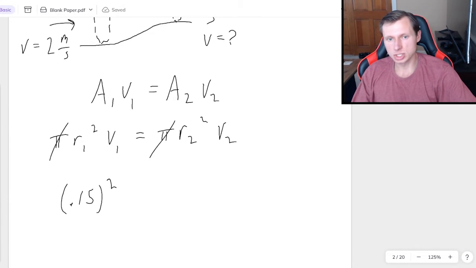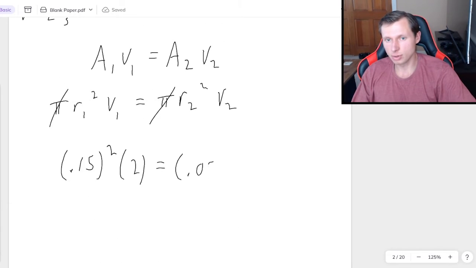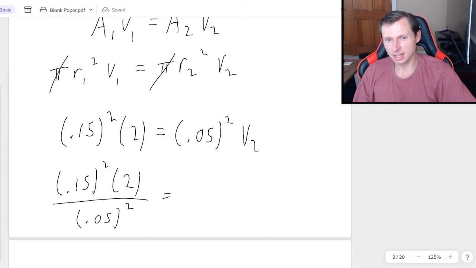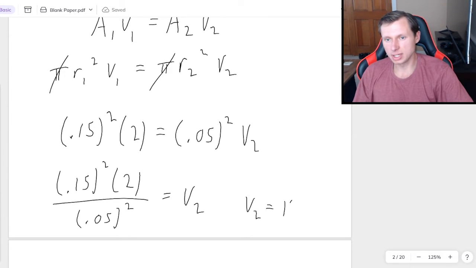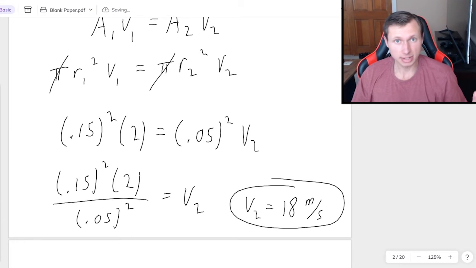Times V1, which is 2 meters per second, equals R2, which was 5 centimeters, which is going to be 0.05 meters squared. And then we're just solving for V2. Now all I need to do here is divide both sides by 0.05 squared. And that's going to be my new velocity. And that means V2 is going to be, final answer, 18 meters per second, which is significantly faster.